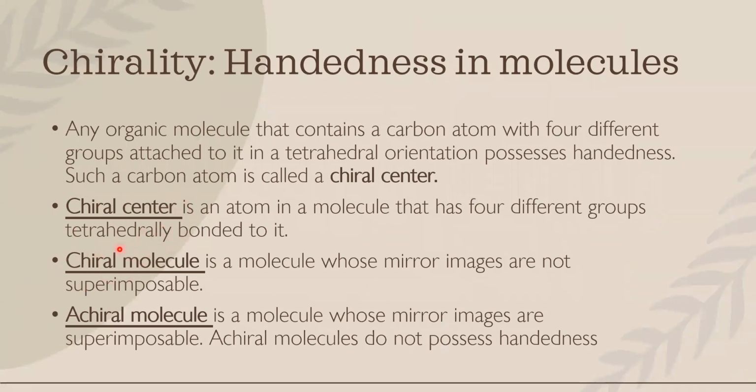So what is a chiral molecule? This is a molecule whose mirror images are not superimposable. When we say superimposable, they look alike, or coincide at all points when the images are laid upon each other. For example, a dinner plate with no design feature has a superimposable image.